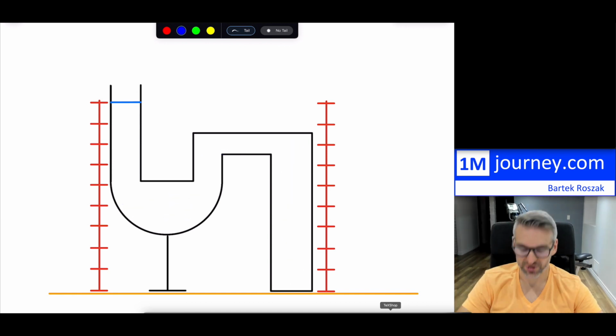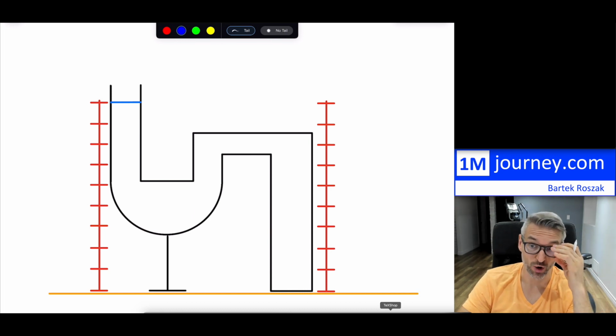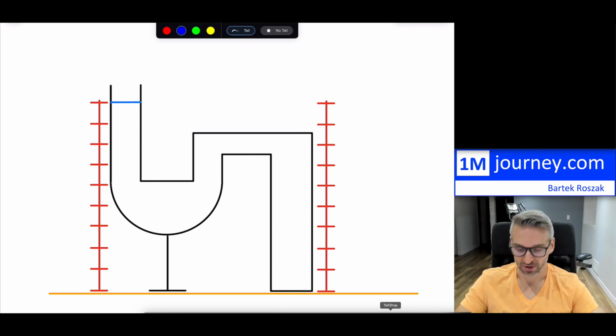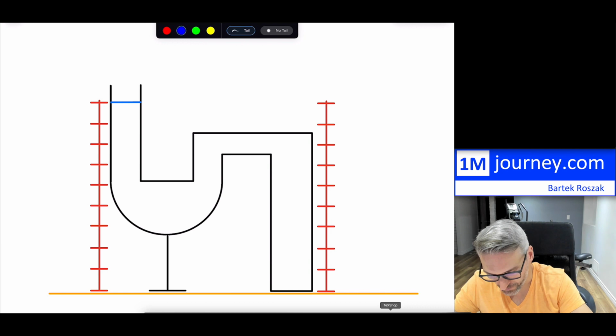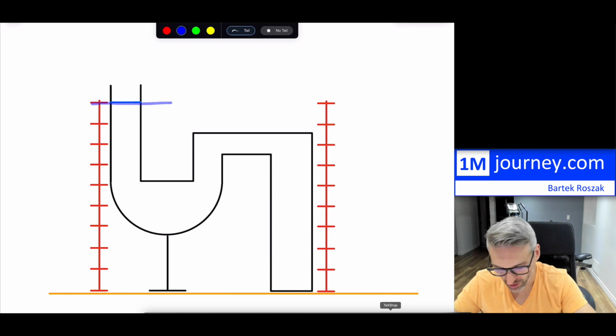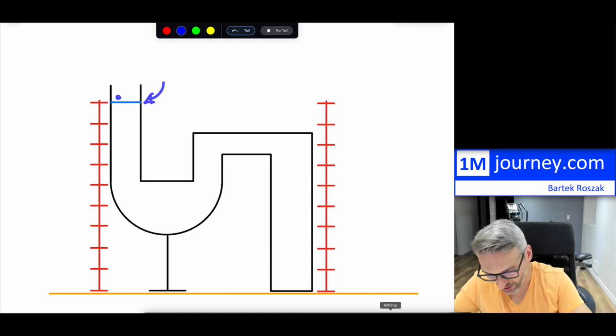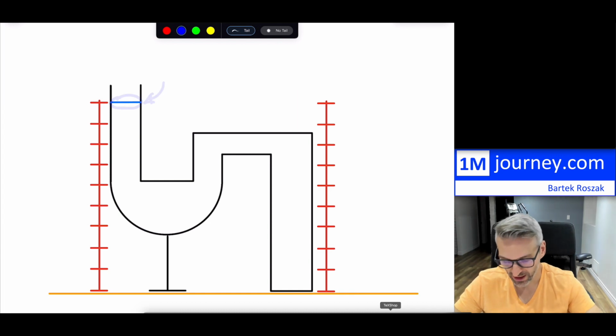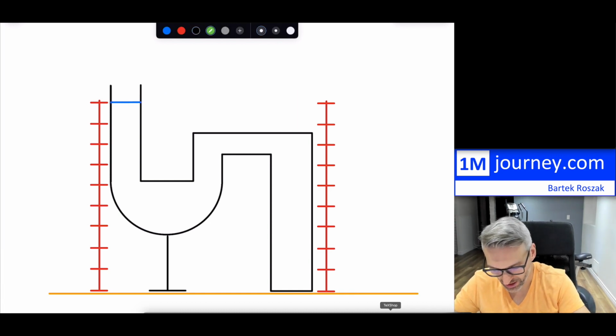And now the question arises: what is the pressure at any depth that you want to read? For instance, there is no lid on top. If you wanted to know what the gauge pressure is at this particular point, how would you do that?